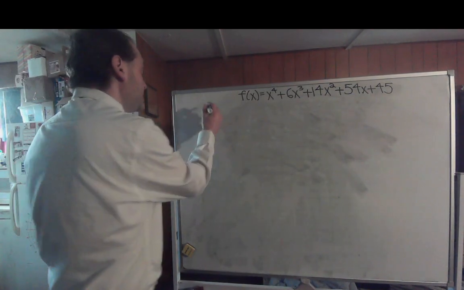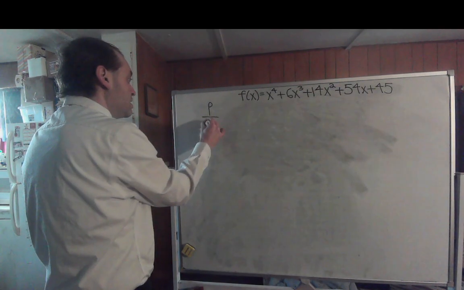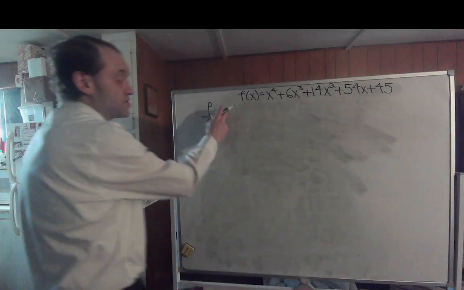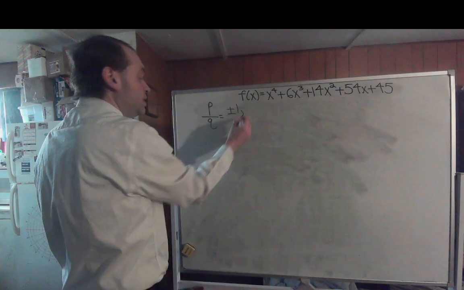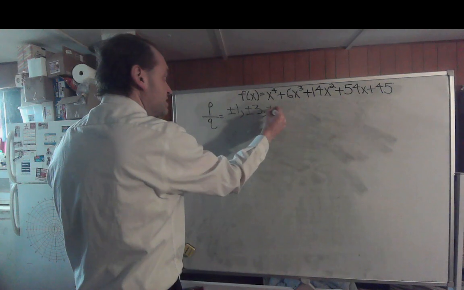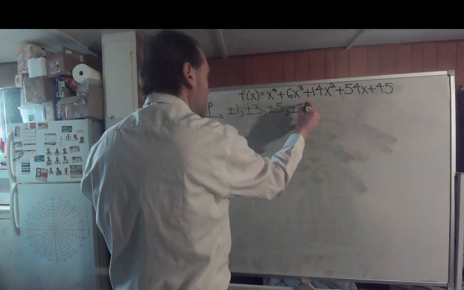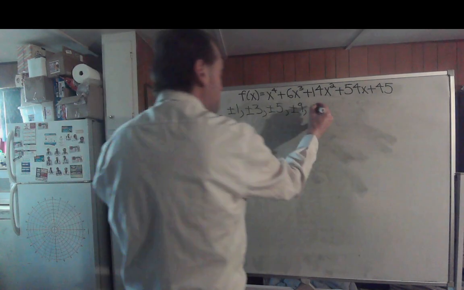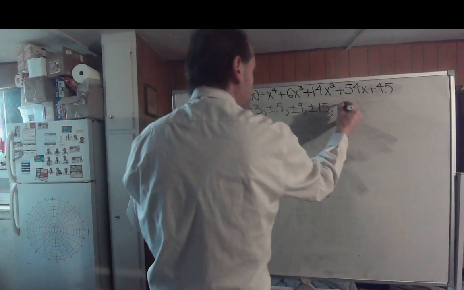So let's go ahead and take our p and q. P over q, which factors of the constant term 45, of course you have plus and minus 1, plus and minus 3, plus and minus 5, then you have plus and minus 9, then you have plus and minus 15, then of course you have plus and minus 45.